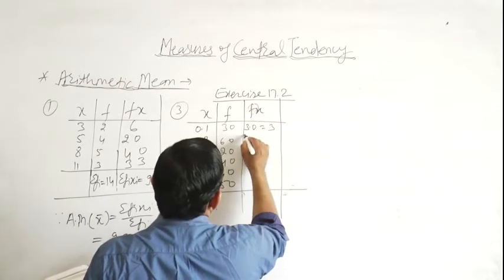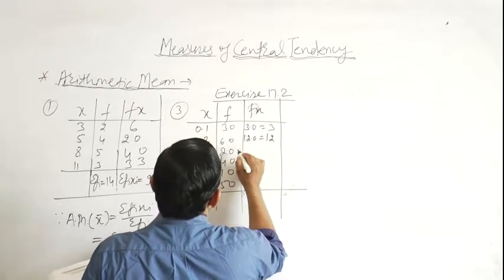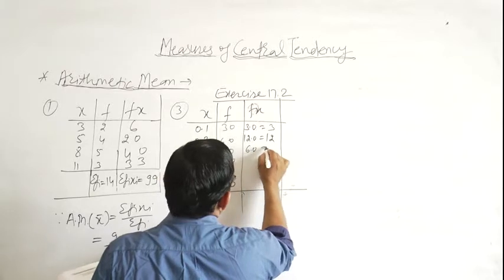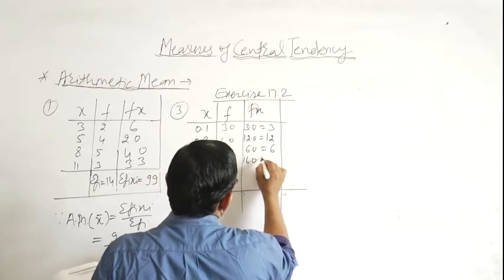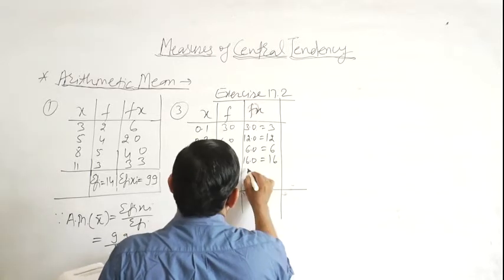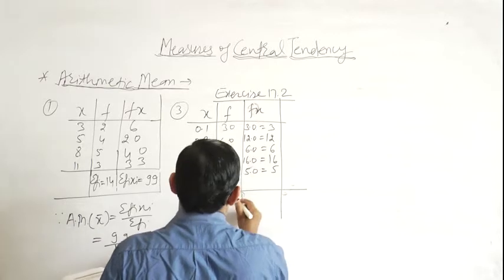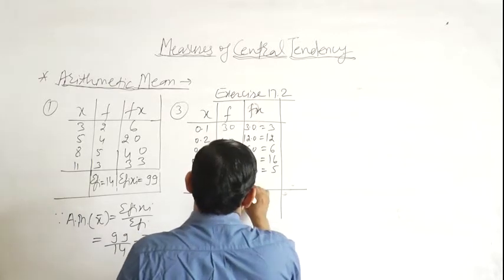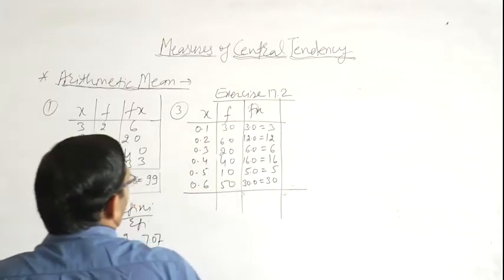Then 6 2s are 12.0, equal to 12. Then 2 3s are 6.0, equal to 6. Then 4 4s are 16. 10 5s are 50, it means 5.0, equal to 5. And 5 6s are 30.